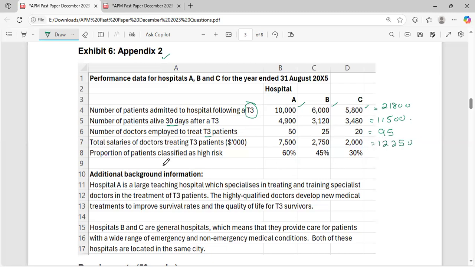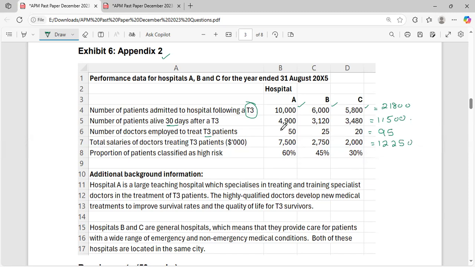And the proportion of patients classified as high risk: 60% in hospital A, 45% in hospital B, and 30% in hospital C. So it's quite a risky disease.